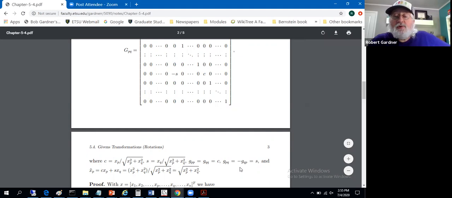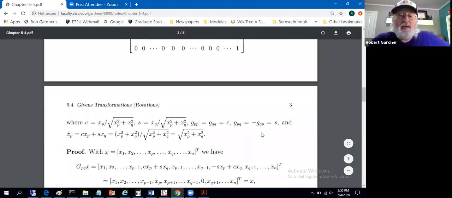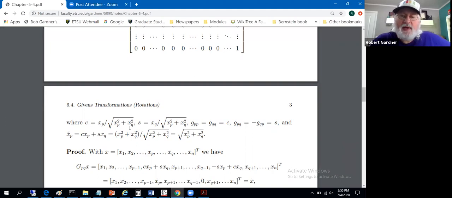G sub pq, which is negative G sub qp, is S, as drawn in the picture. So this is just laying out how C and S are determined for a given vector x in terms of the p and q components of x. And x tilde is then given by C x sub p plus S x sub q. Given the C and S values, that turns out to be this quantity here, okay?